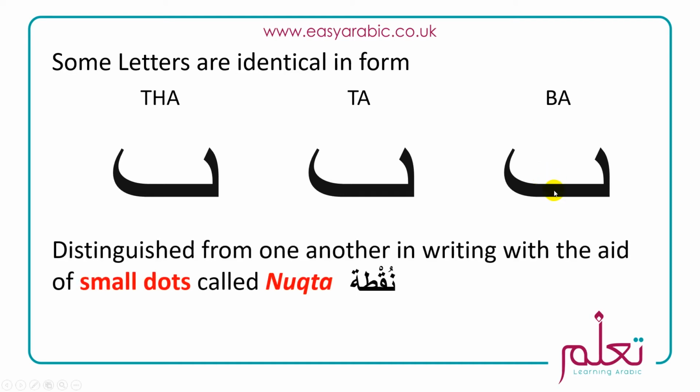So if we take a look at the letter ba, it's got a nukta at the bottom. And the ta has 2 nuktas on the top. Okay, and then the letter tha has 3 nuktas. So as you can see, it's the same shape, but it's just the nuktas that make them different, and the sound is different for them.